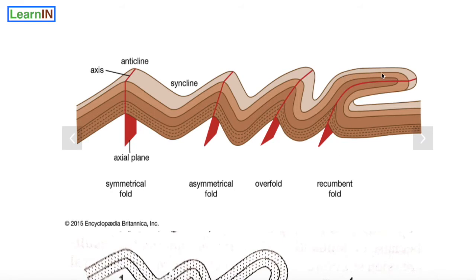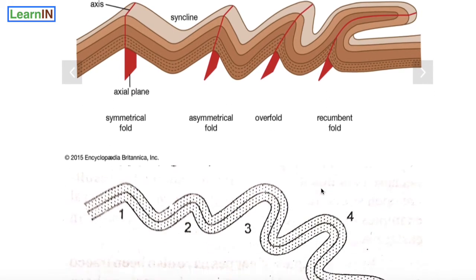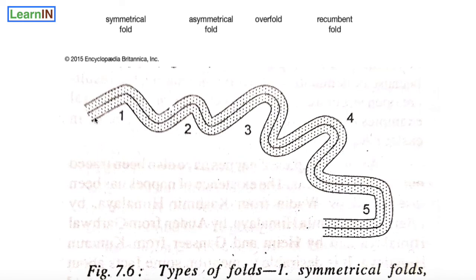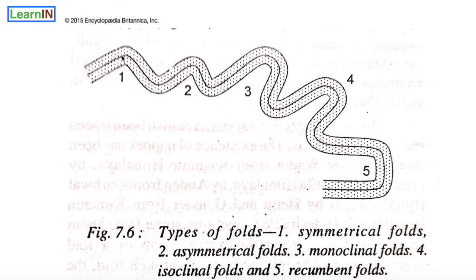From this image, this is a symmetrical fold, this is an asymmetrical fold, this is a monoclinal fold, and this is an isoclinal fold, where both limbs are parallel but not horizontal.